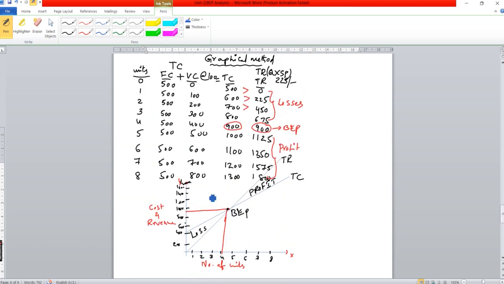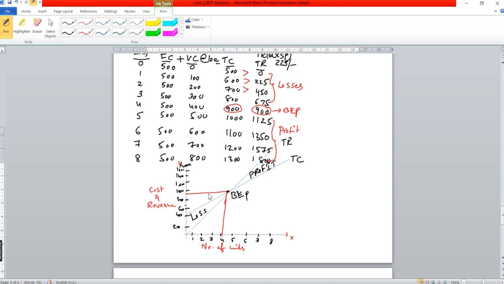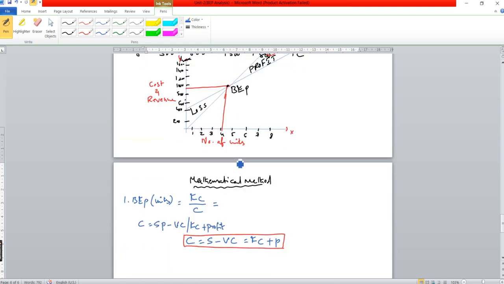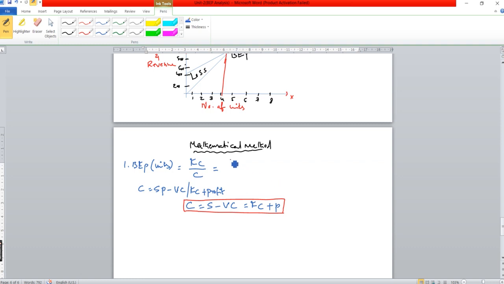Already for the same data, we have identified the break-even point area. At 4 units, the firm is not getting any profit or any loss. That is the break-even point. So using this formula, we find the total fixed cost in this sum. In this schedule it is given as 500 rupees, divided by the contribution. Contribution is the selling price 225 rupees minus variable cost per unit 100 rupees.